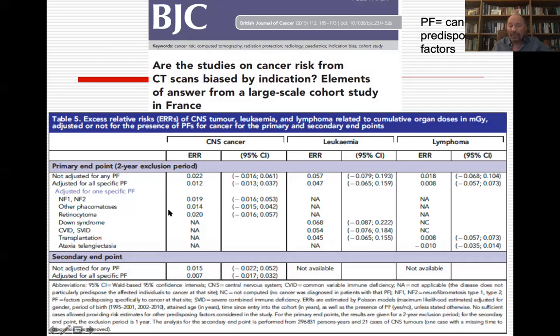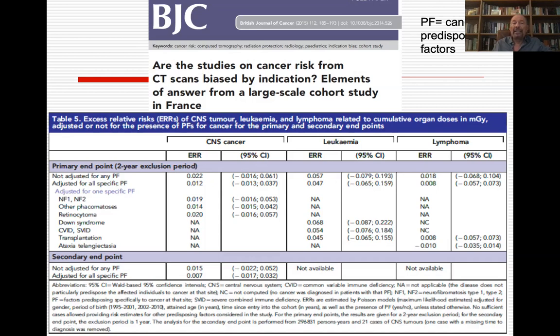They also found quite substantial ERR greater than 0. Even though it's barely significant, the 95% confidence interval includes 0 in all cases. But it looks like 0.022 for CNS, 0.057 for leukemia, 0.018 for lymphoma.